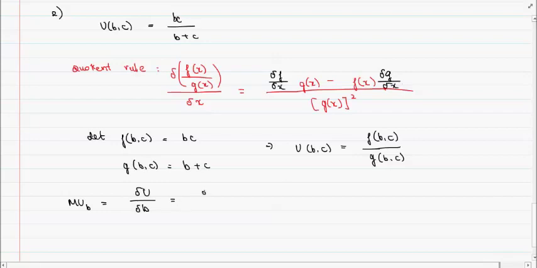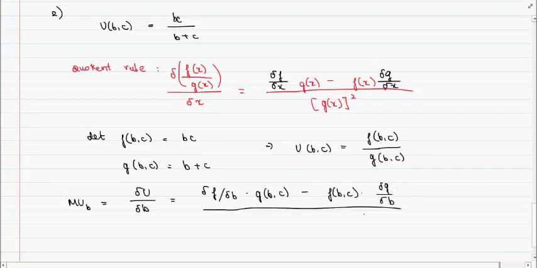So it's basically just the differential of f with respect to b times the g function, minus the f function times the differential of g with respect to b, and everything divided by g squared.